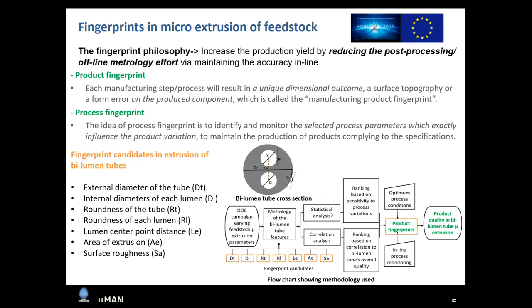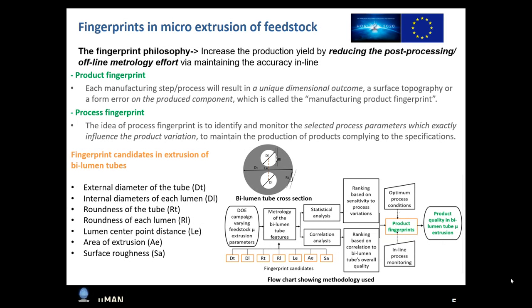Then statistical analysis is carried out in order to find the product fingerprint features which have the highest sensitivity to the process variation, and then a correlation analysis between the product fingerprint candidates is carried out, and a ranking is given based on this correlation, so that by controlling the product fingerprint candidates with the highest correlation, all product features can be maintained in the limit.